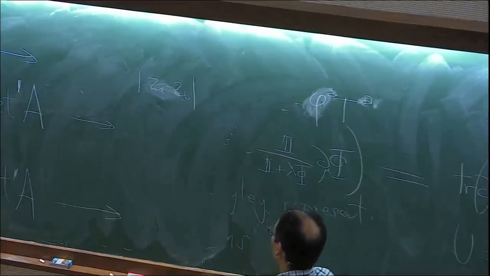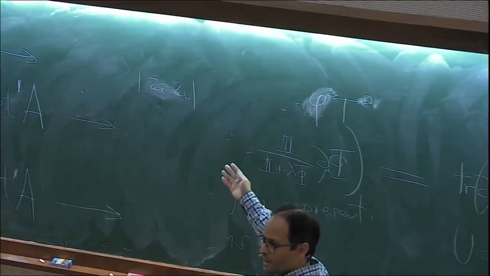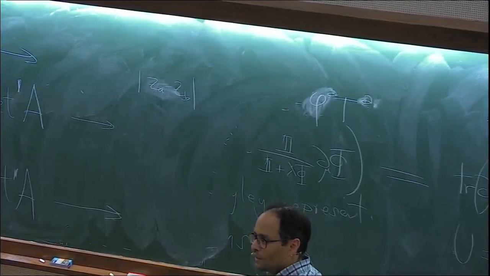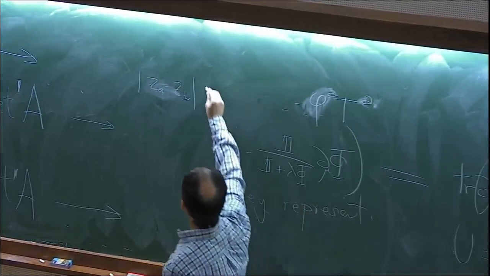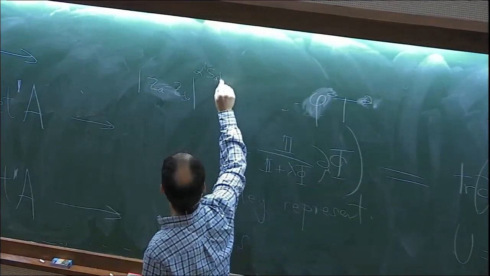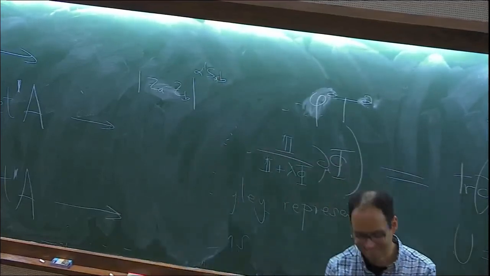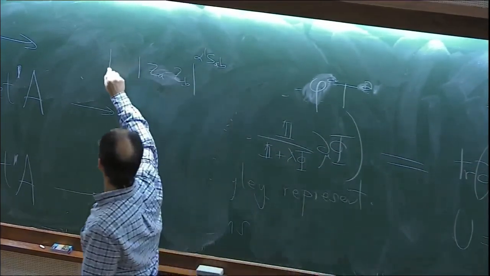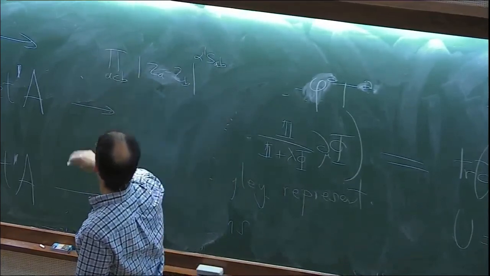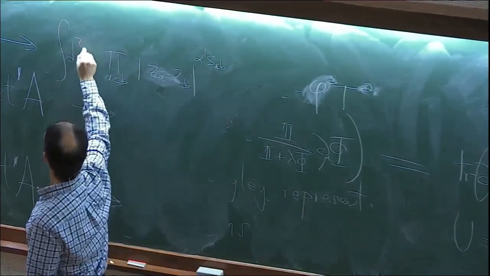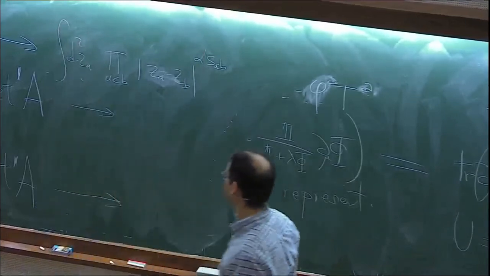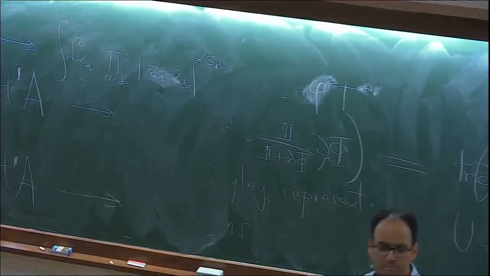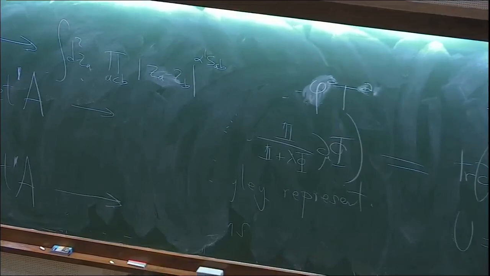I want to integrate over things and have something like this, but I need kinematic invariance. So where do I put them? Well, this is the only natural place. And guess what you get? You get a string theory amplitude.